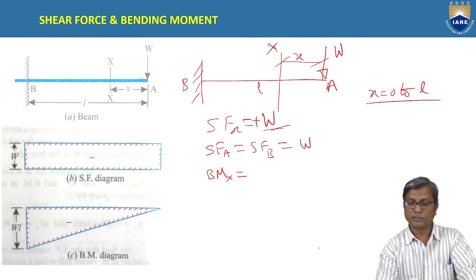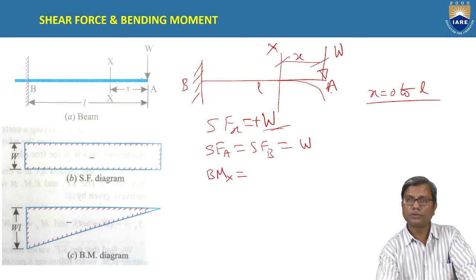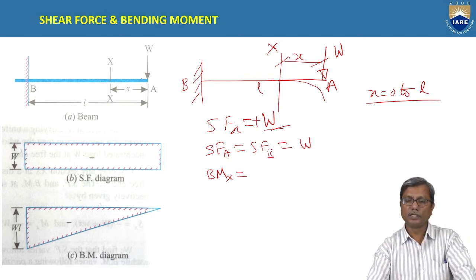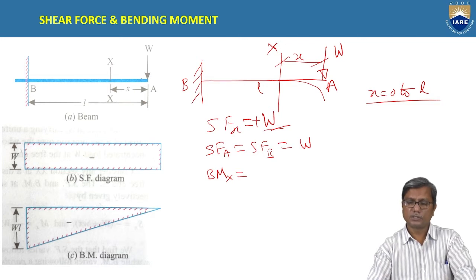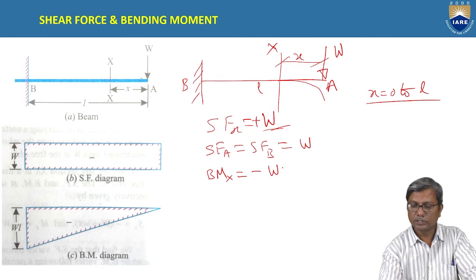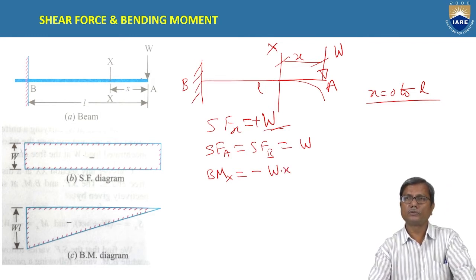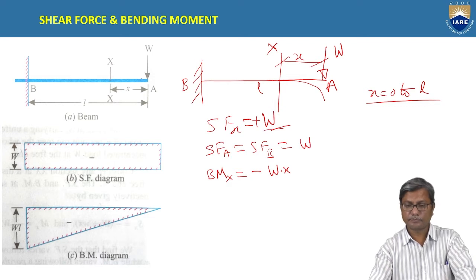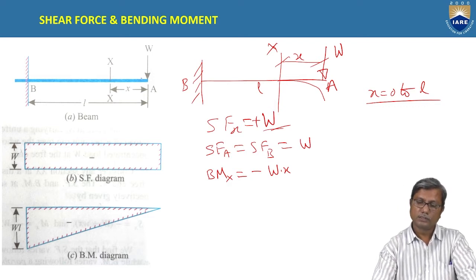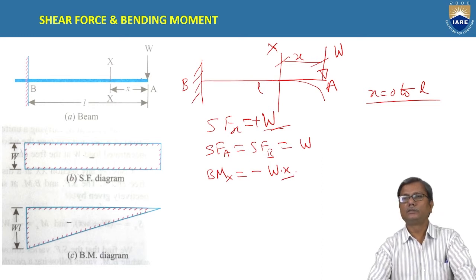Similarly, we consider the bending moment at section x. Considering the right hand side, the free end side, here the force is downwards, so it produces downward bending, hogging moment, with the concavity downwards. So this is negative bending moment, which is equal to force into distance. Now the bending moment is a function of x.